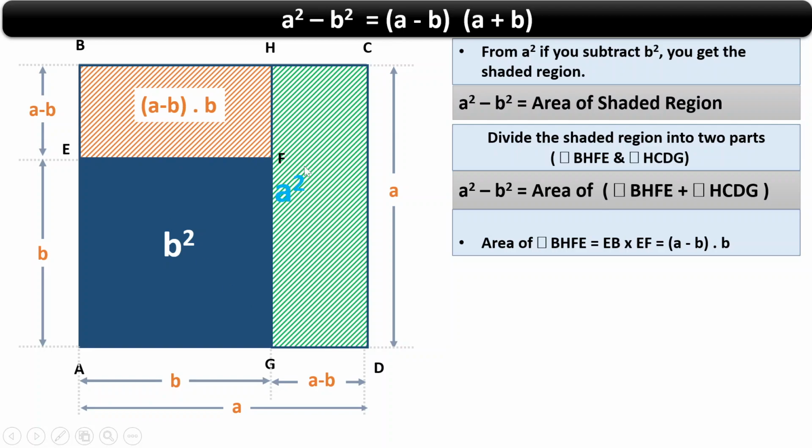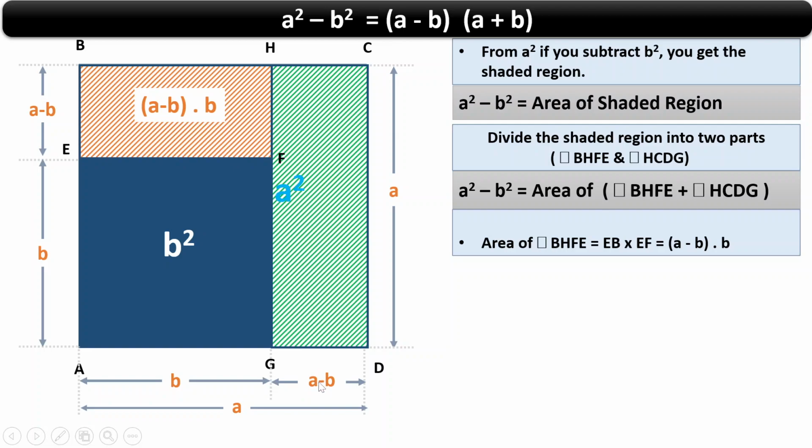Let us go to the next rectangle, green, HCDG, right? So here we know one side is A, the other side is again A minus B. How? The entire side is A and this side is B. So A minus B is GD, right?